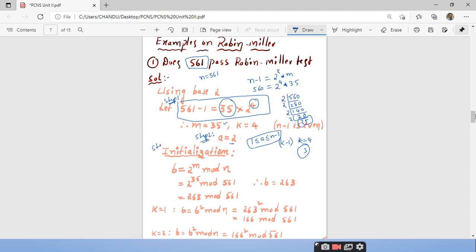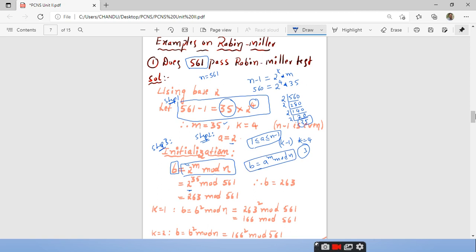And the third step is initialization. You have to calculate the value of b, which is given by the formula 2 power m mod n. So this is the base, right? The formula is b is equal to a power m mod n, where a is the base.